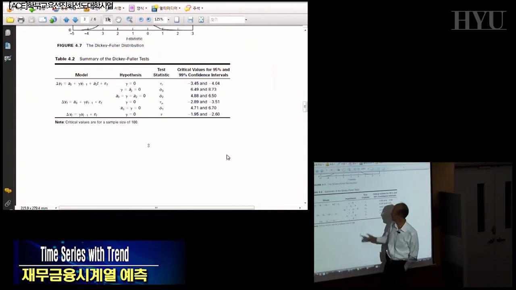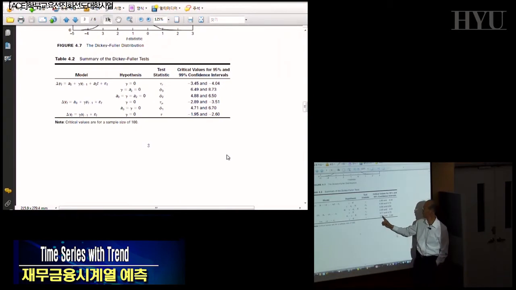So even if you are testing gamma is 0 here, or gamma is 0 in this case, or gamma is 0, you see critical values are different. Right? Critical values are different.